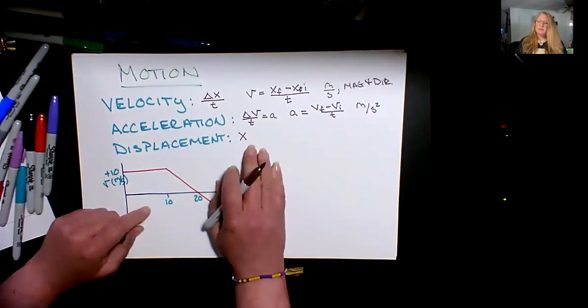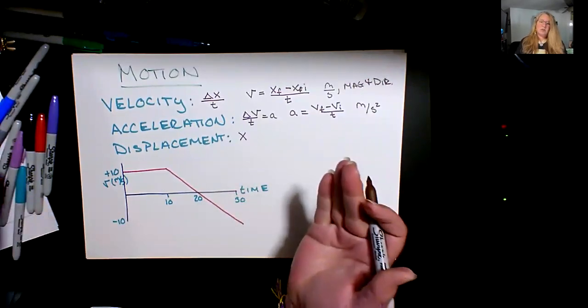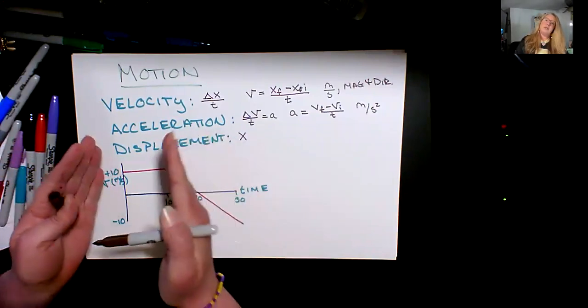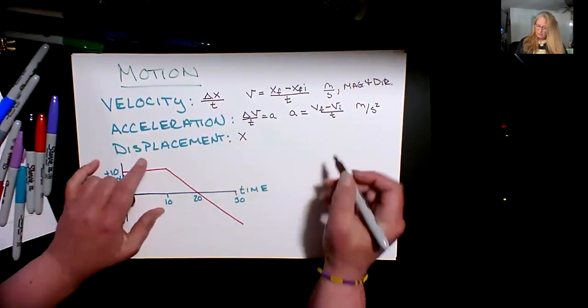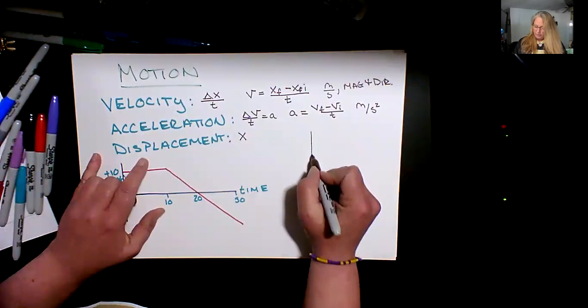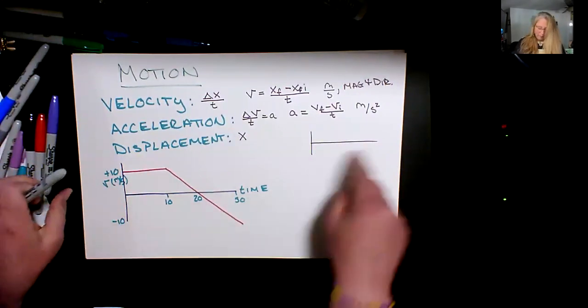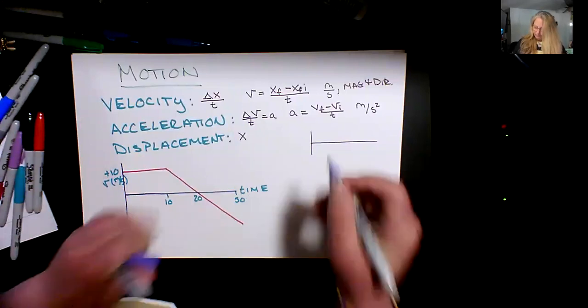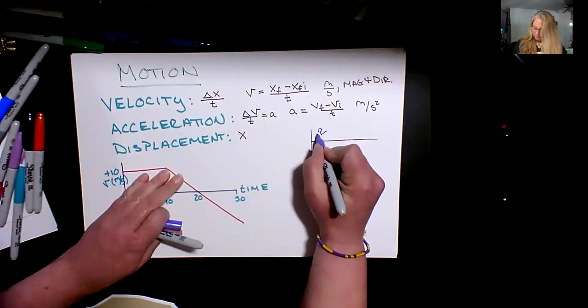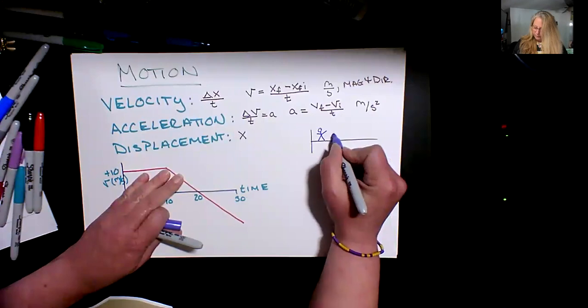Displacement is just your position. We are comparing a beginning position to an end position. Say I'm walking my dog, and I'm going in a straight line. And here's my dog.